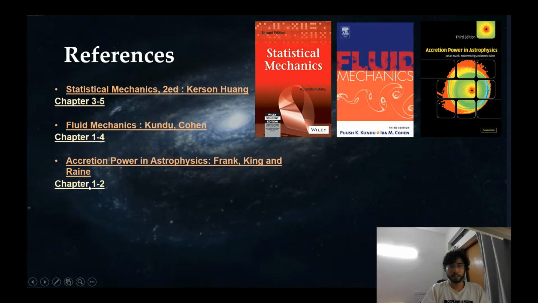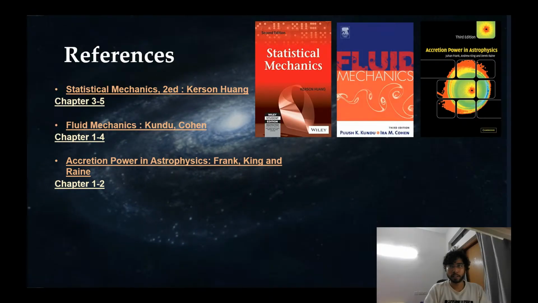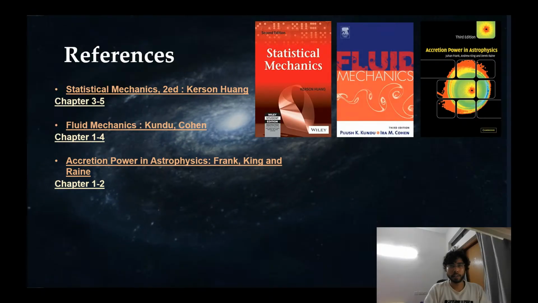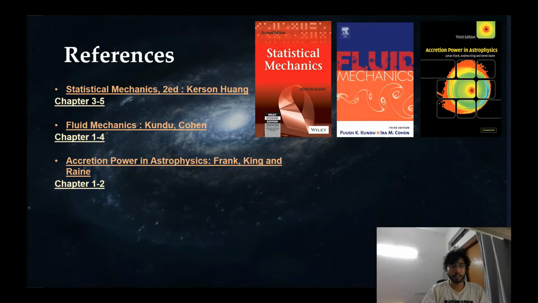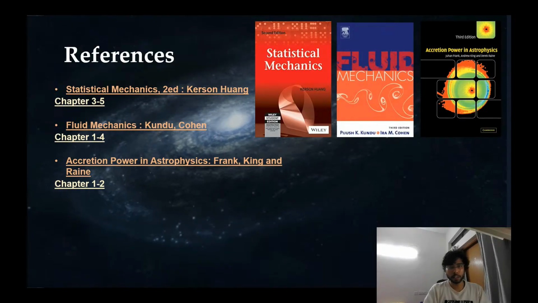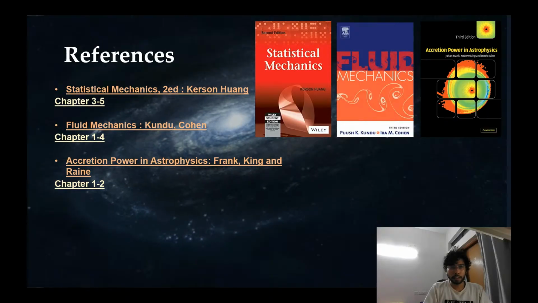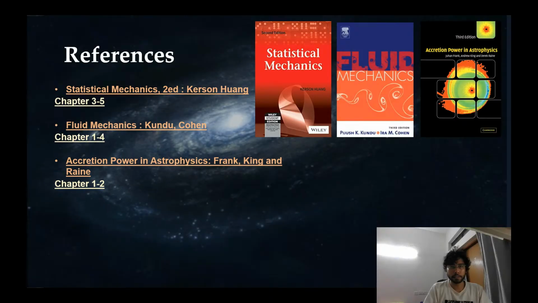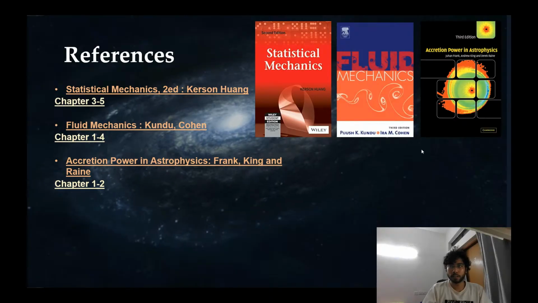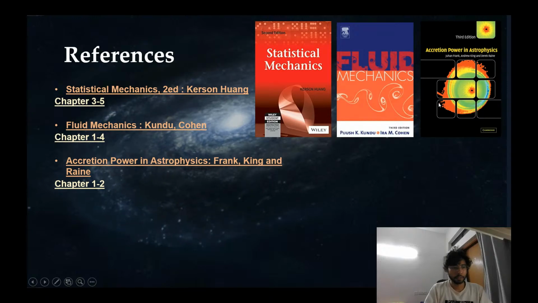You can go through chapters 1 and 2 for the Bondi flow. Chapter 1 is more general accretion, and chapter 2 is more focused on Bondi flows. In later chapters you can also find thin disks and those things. This book is focused only on accretion, so you can go through that as well.